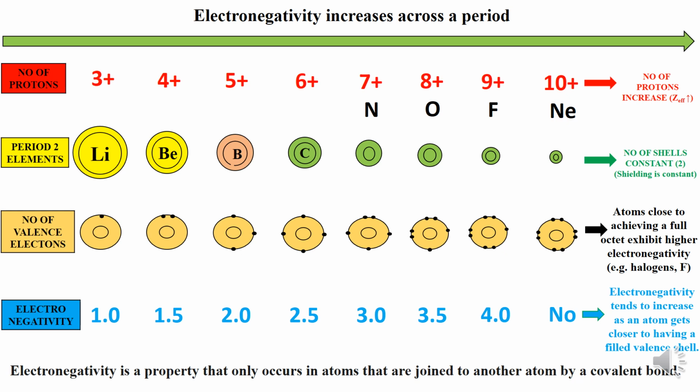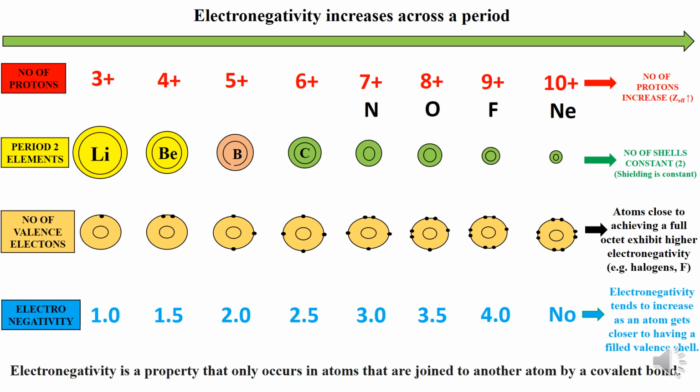So these factors collectively contribute to a stronger ability of atoms to attract the shared pair of bonding valence electrons as you move across a period from left to right. So what are the factors governing the electronegativity across a period?